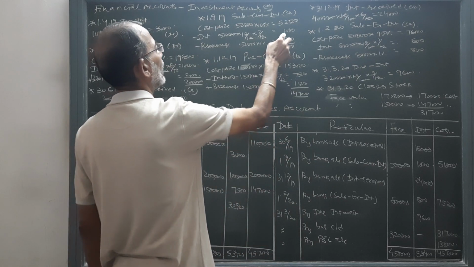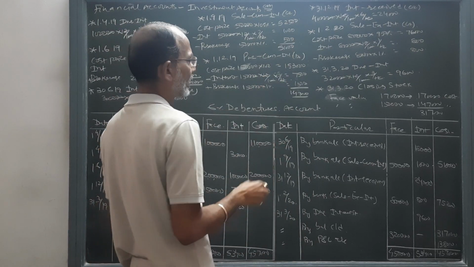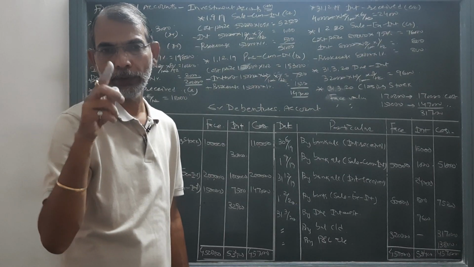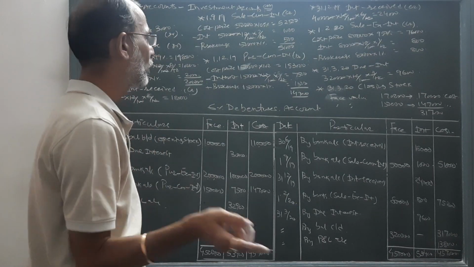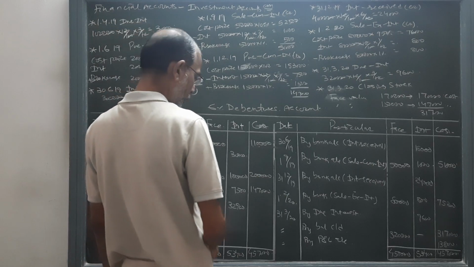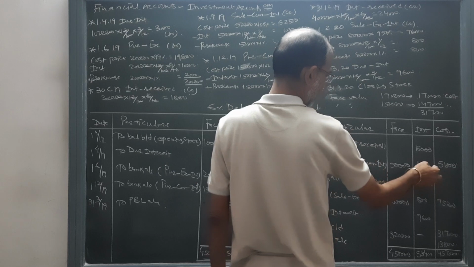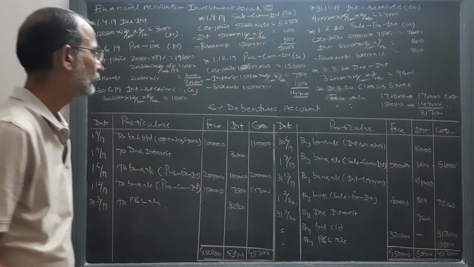Brokerage and interest both are to be subtracted as the sale is cum interest, and when you are selling the securities, brokerage is subtracted. So 50,000 face value, 51,000 cost price and interest 1,000.